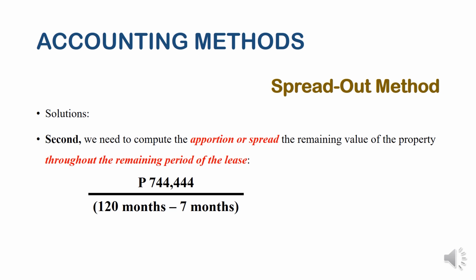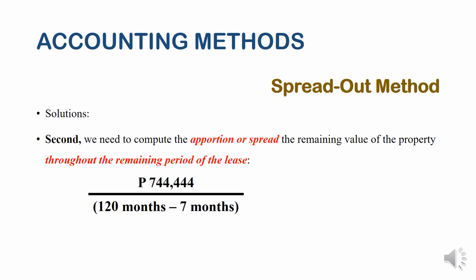Again, why do we need to divide the estimated book value? Because from August 1, 2018, when the leasehold improvement was completed, there are only 113 months that the lessee will use the property.